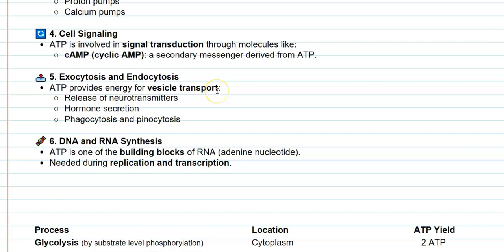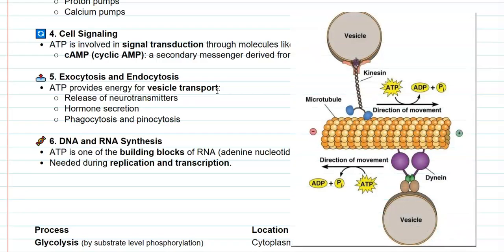The next one is the role of ATP in exocytosis as well as endocytosis, special kinds of transport processes taking place in eukaryotic cells alone. Here ATP provides the energy for vesicle transport. Vesicles are bubble-like structures present inside the cell.